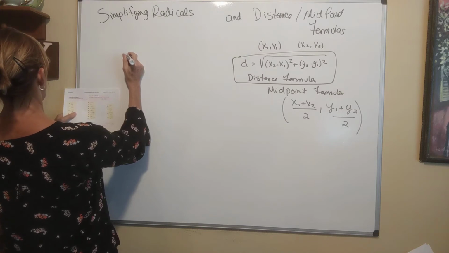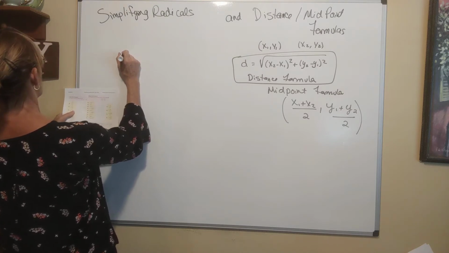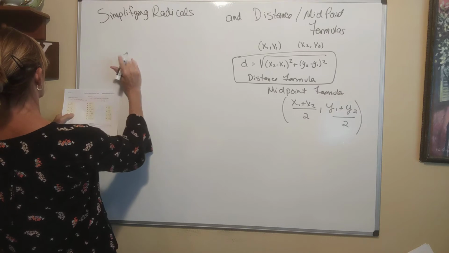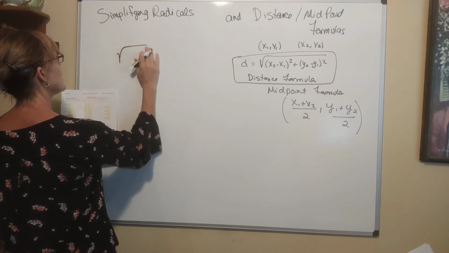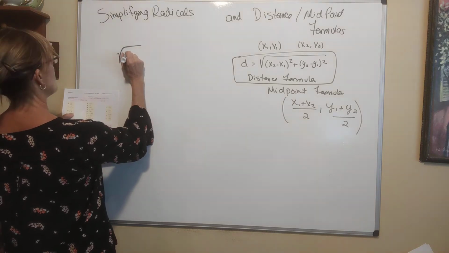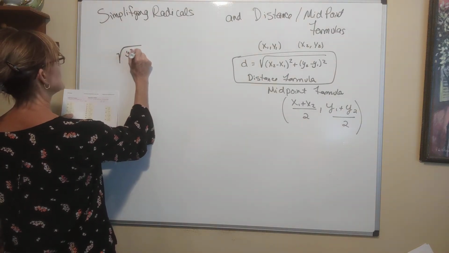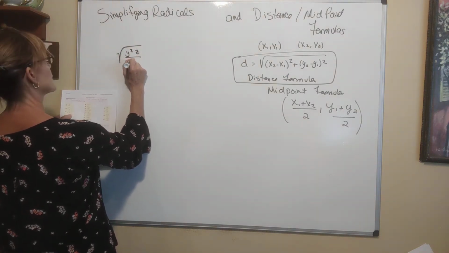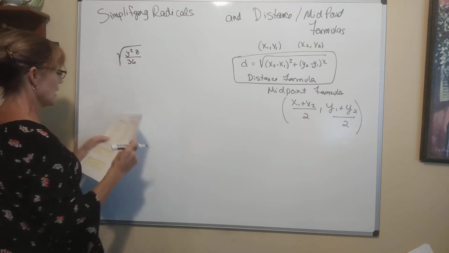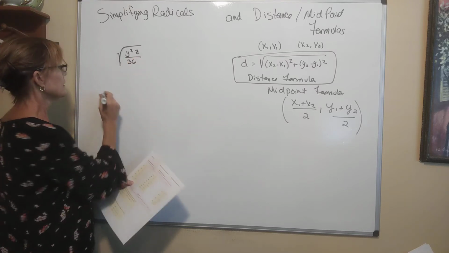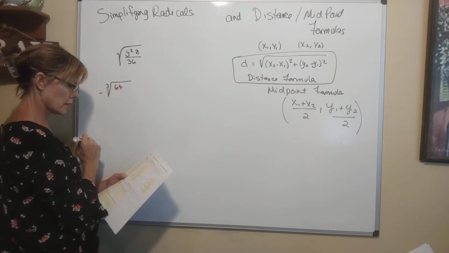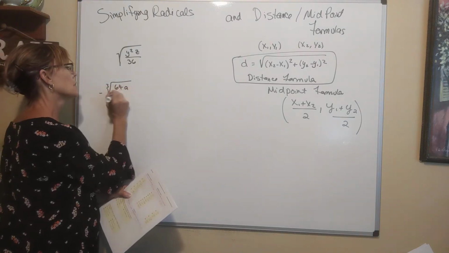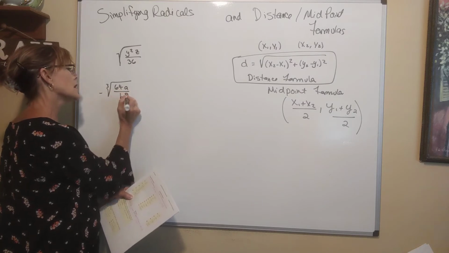let's look at the cube root. I don't want to do this one. Let's do the square root of y squared z over 36, okay? And then let's look at negative the cube root of 64a over b to the ninth.